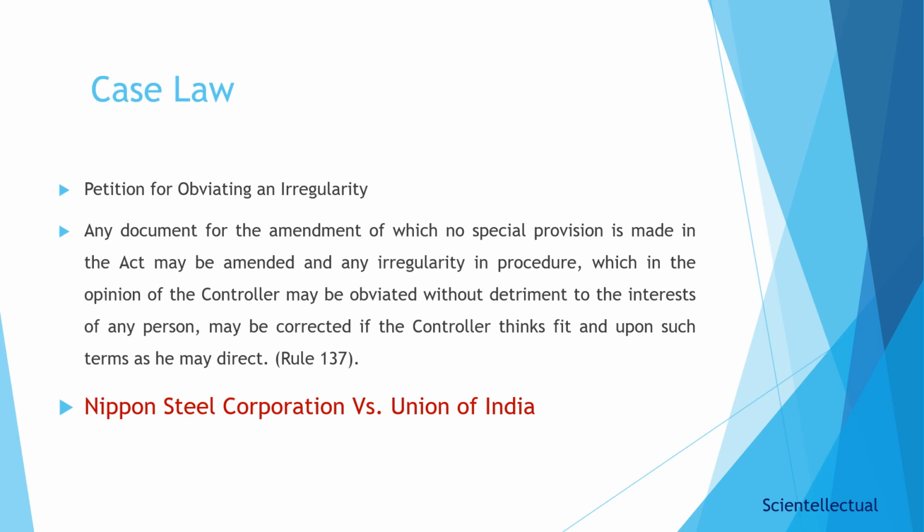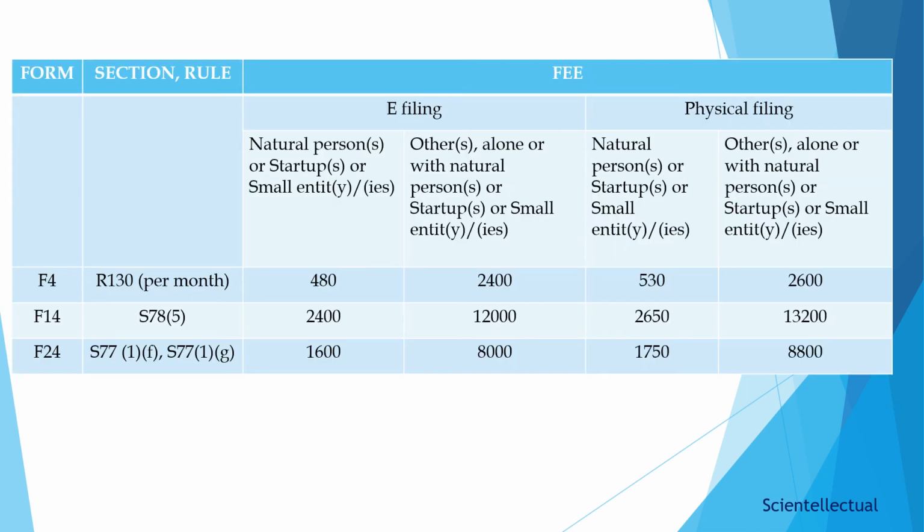Here is a case law of Nippon Steel Corporation versus Union of India. This case law is based on petition for obviating an irregularity. The relevant rules have been already discussed.